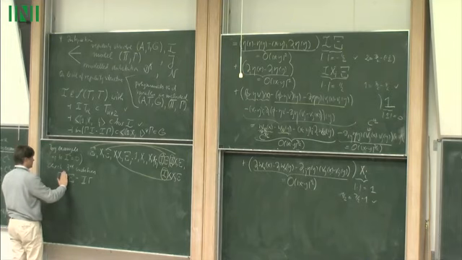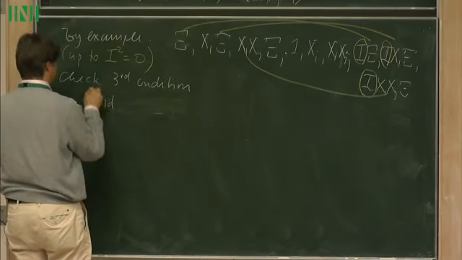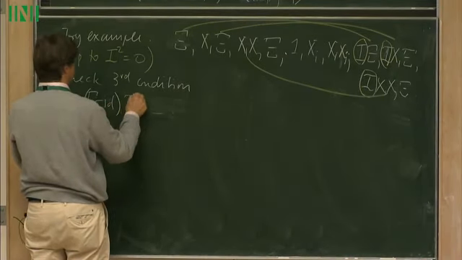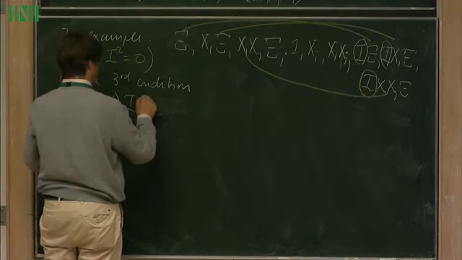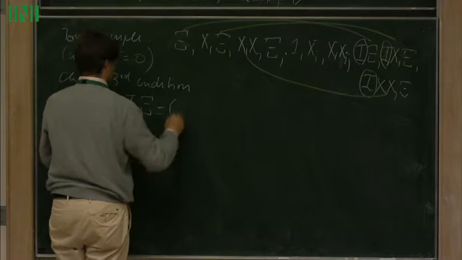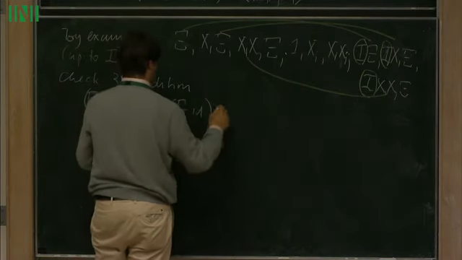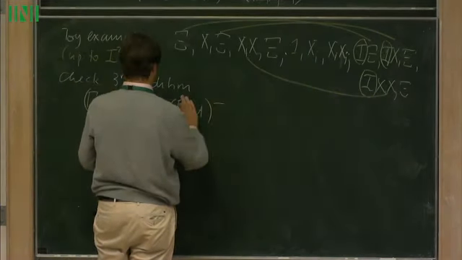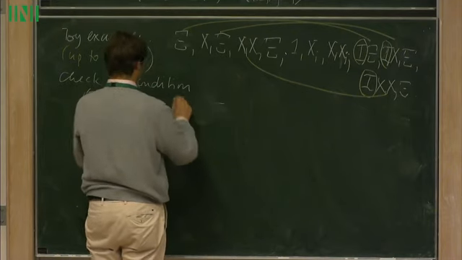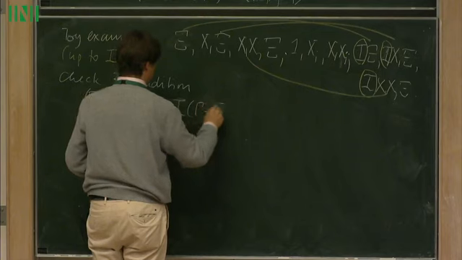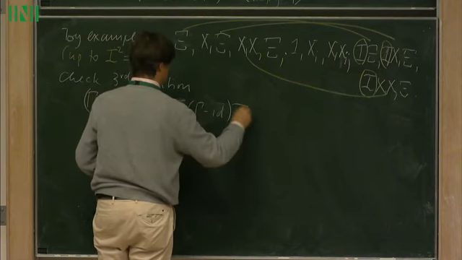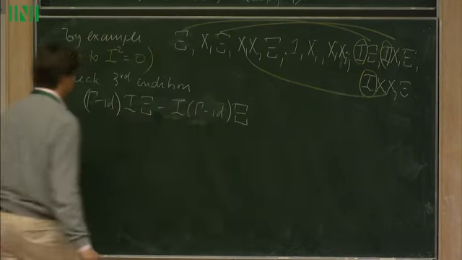And it's easier to check it in this form using nilpotence: I times gamma minus identity times theta.